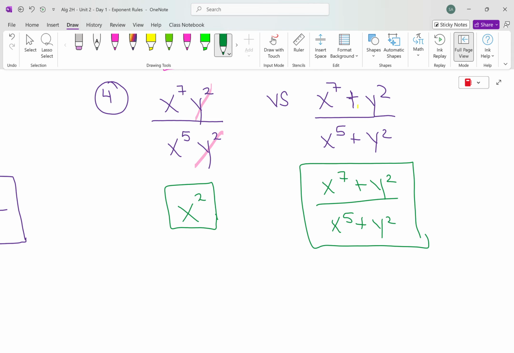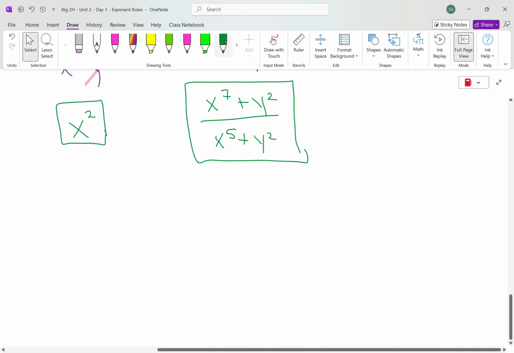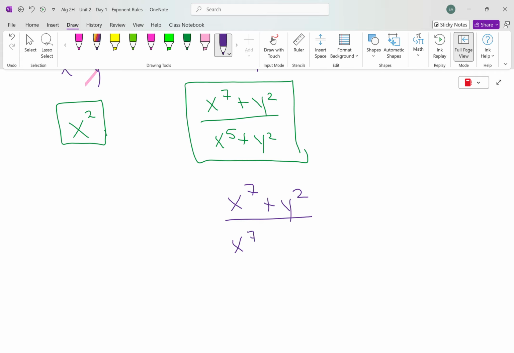Yes. If it was like x to the 7th plus y to the 2nd over x to the 7th plus y to the 2nd, can you cancel out? Okay, tell me again. The numerator, if x to the 7th plus y to the 2nd was the same as the denominator. Yes. So if the numerator and the denominator are the same, that means the full family is exactly the same.